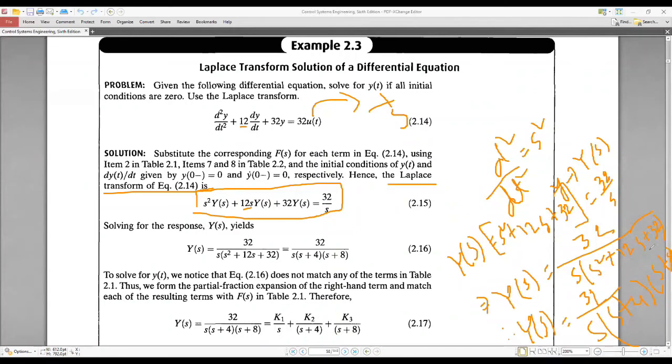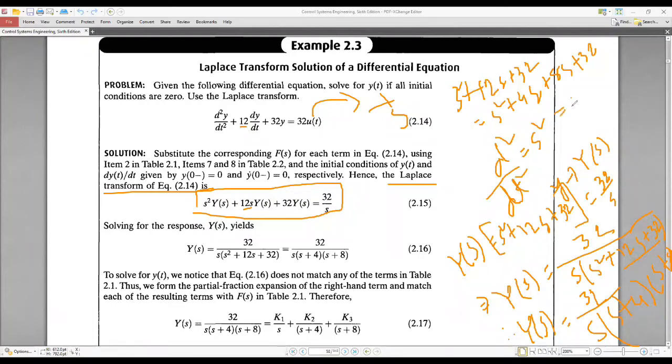Do you know how it comes? If you do the middle term factor, 12s plus 32, you can write this as s squared plus 4s plus 8s plus 32, that means you multiply 4 and 8.